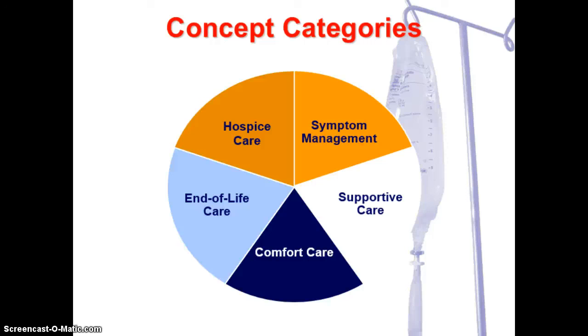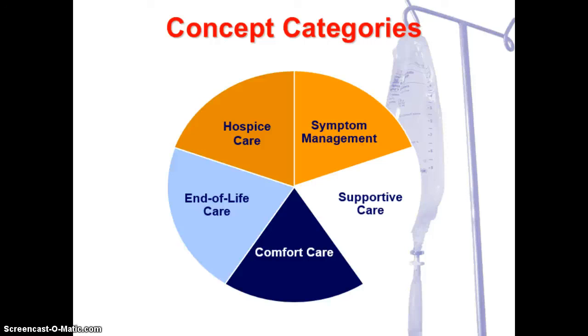But the palliative portion is helping alleviate the other signs and symptoms, the other manifestations, the other coexisting comorbidities that they may experience. So we really just truly focus on how we can help that patient be the best person they can be until the end of life.